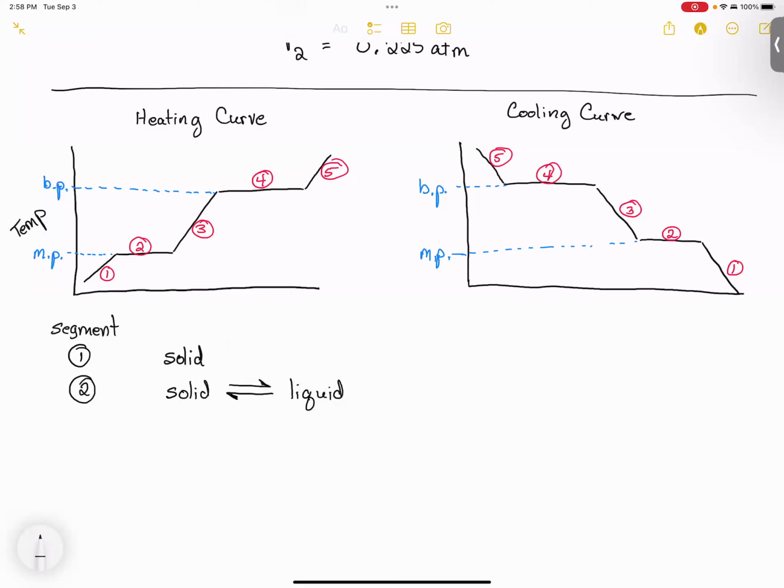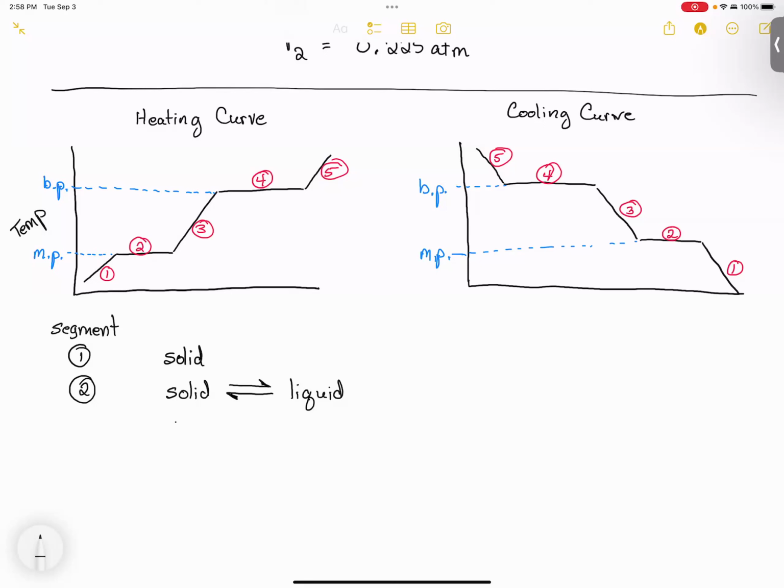Now this process goes back and forth until enough energy has been obtained to get all of the molecules to transfer from the solid into the liquid form.